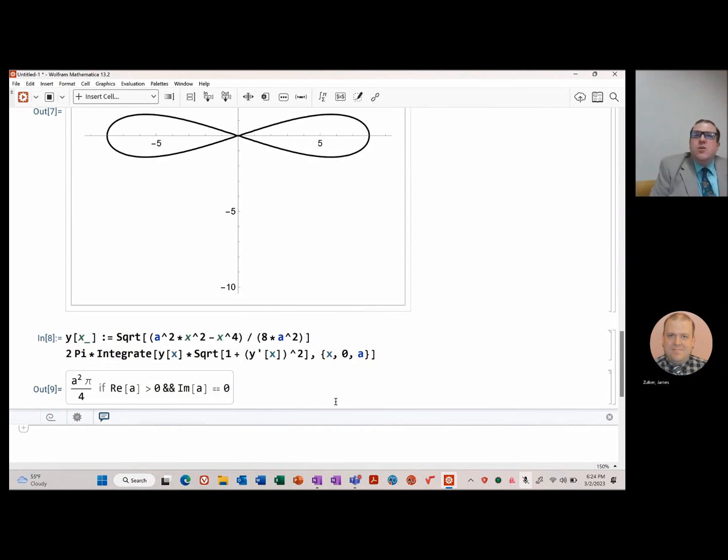Again, we're assuming it is. Then it's 1/4 pi a squared. So this condition is satisfied. We're assuming a is some real number. Furthermore, we're going to assume that a is positive.